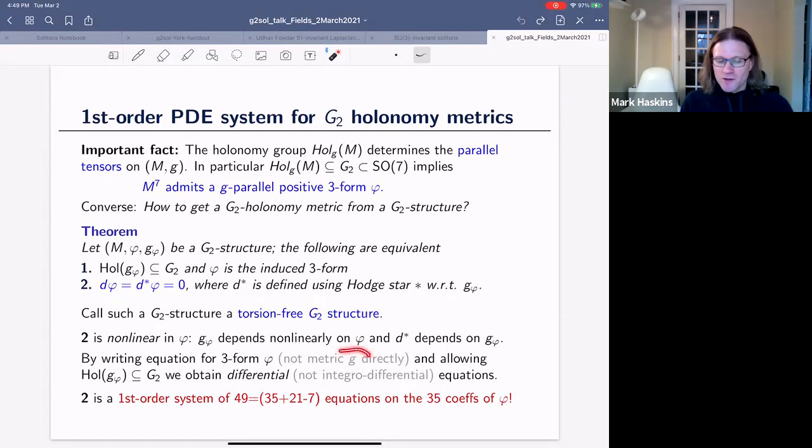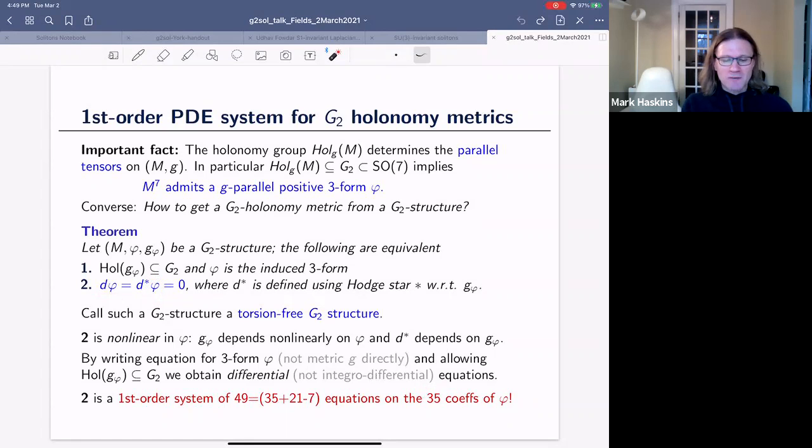So rather than concentrating on the metric, we've concentrated on the three form, and we've looked at the condition for the holonomy to be a subgroup of G2, and we've got differential equations. So how many equations did we get? This was a three form, so it depended on 35 coefficients.